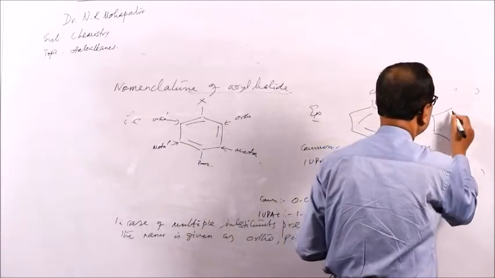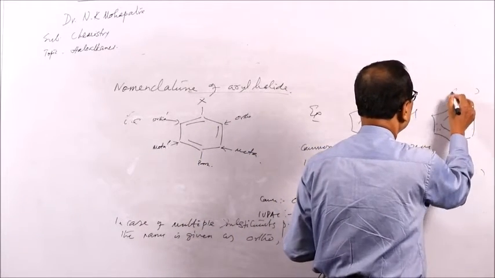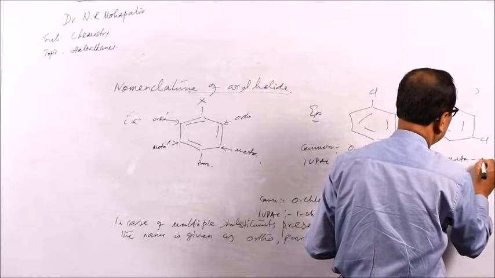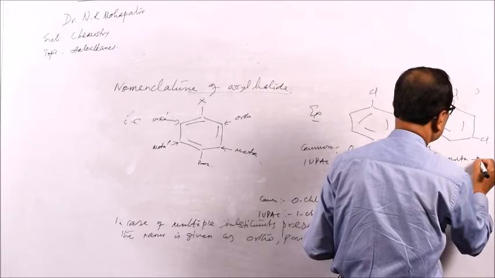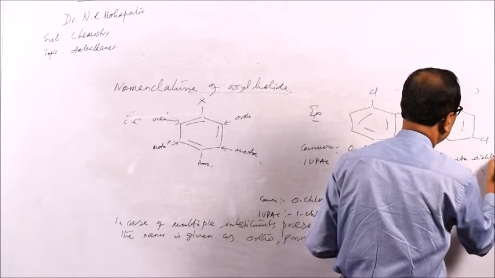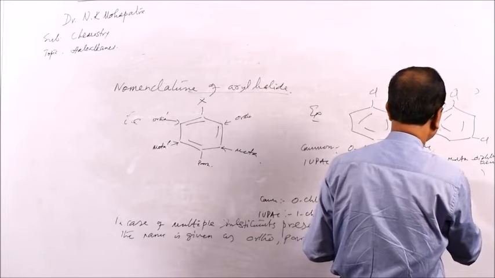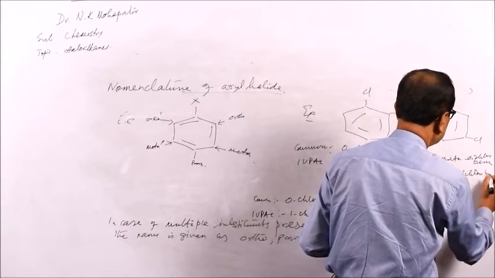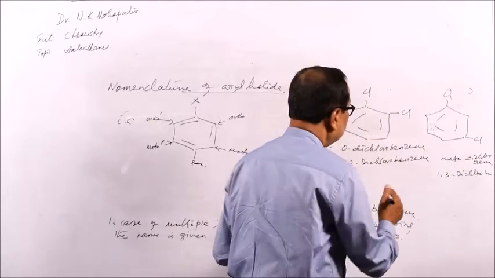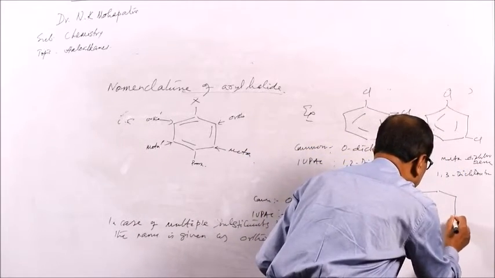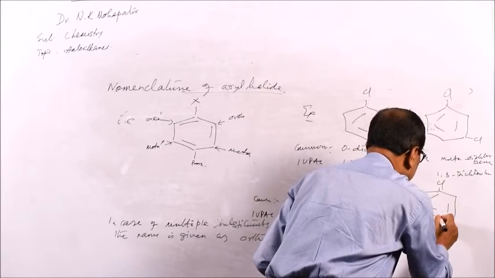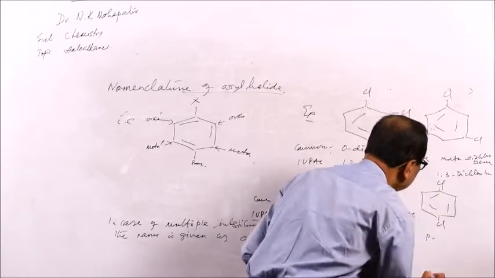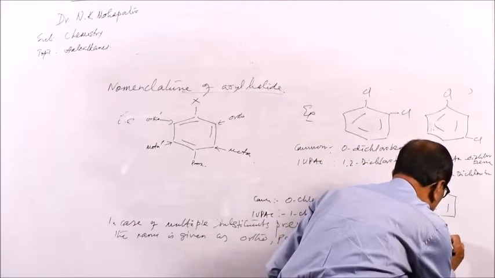Similarly here, with chlorine at the meta position, this is meta dichlorobenzene, but it is 1,3-dichlorobenzene according to the IUPAC name. Similarly, if you have chlorine at this position, this will be para dichlorobenzene.